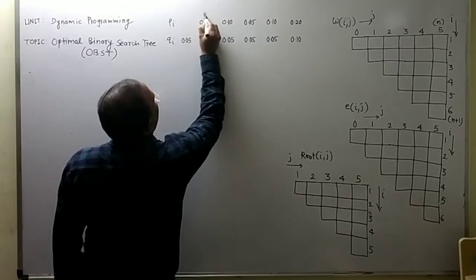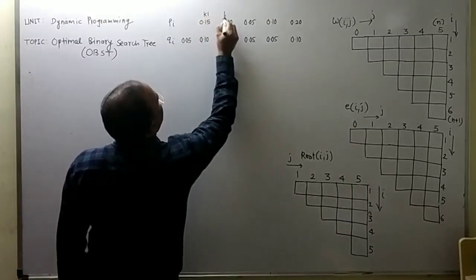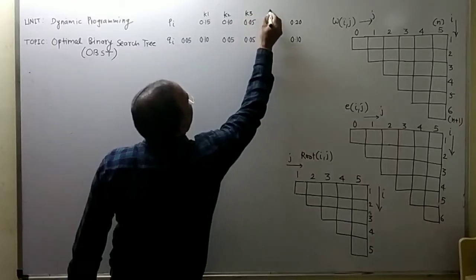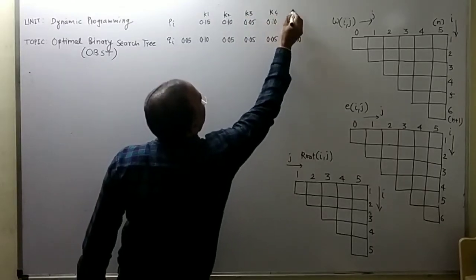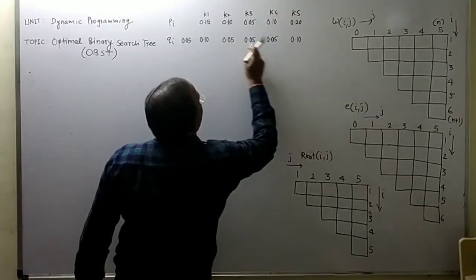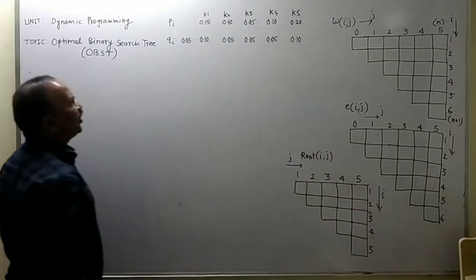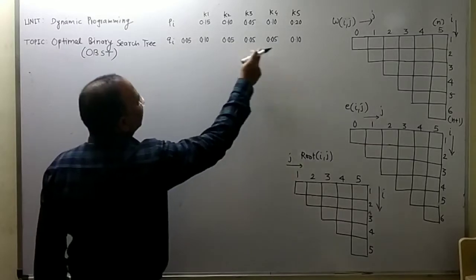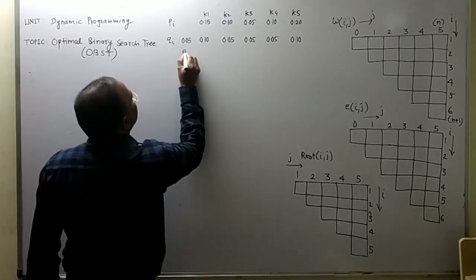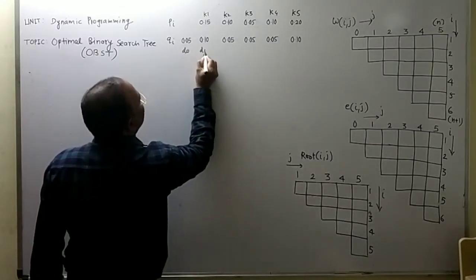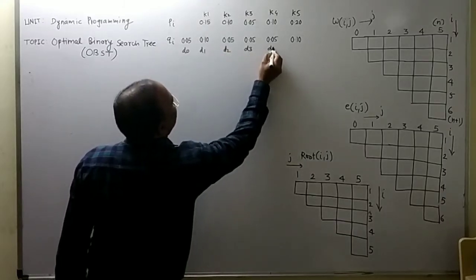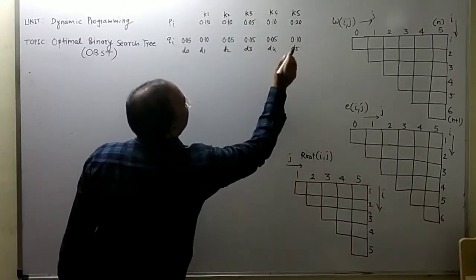So, this is first actual key, second actual key, third, fourth and fifth. There are total 5 actual keys, so that's why there will be 6 dummy keys starting from D0, D1, D2, D3, D4 and D5.